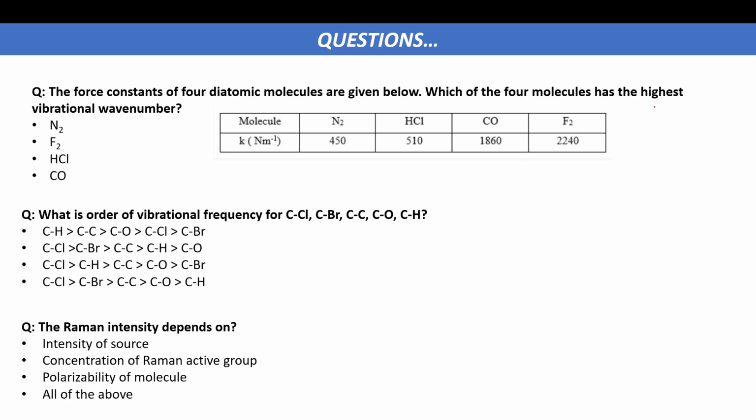See, we know the vibrational wave number depends upon the force constant and also on the reduced mass. So it is directly proportional to the force constant and inversely proportional to the reduced mass.